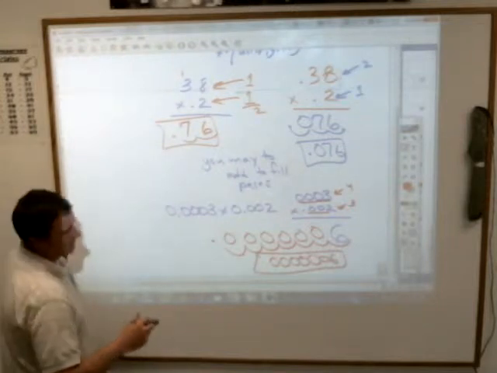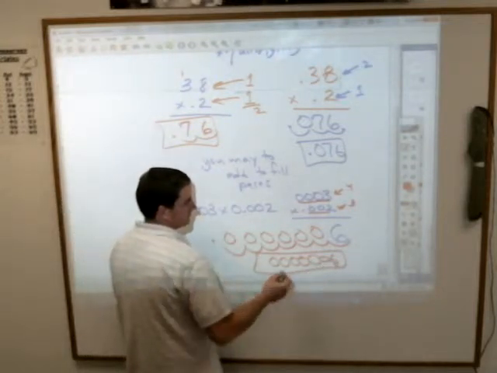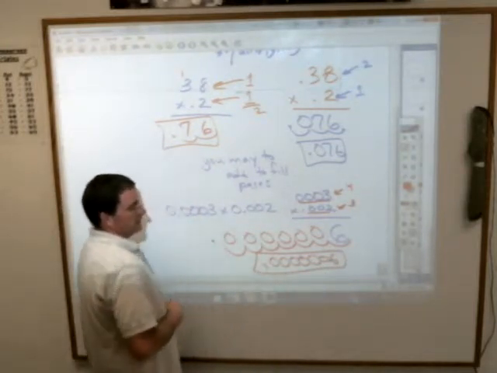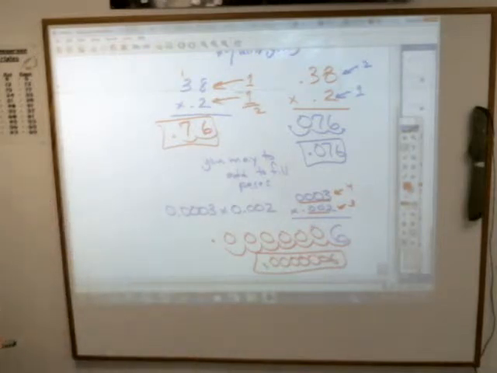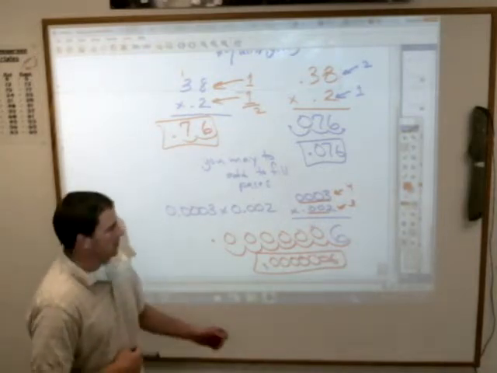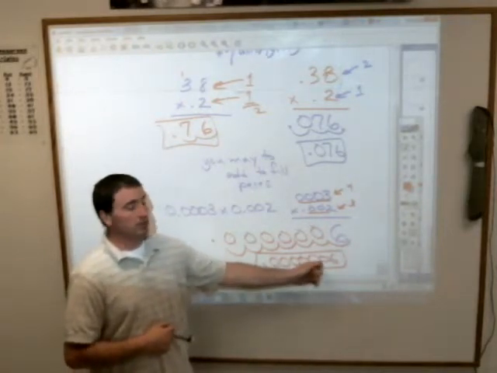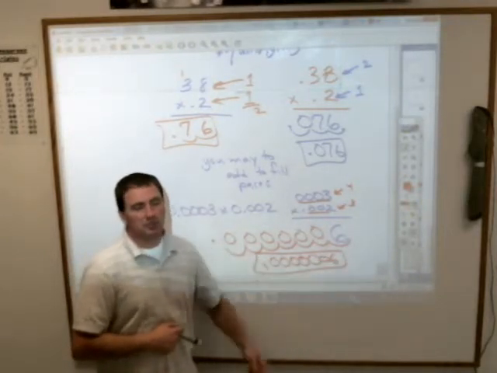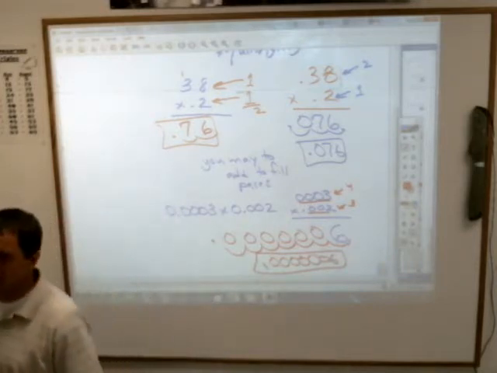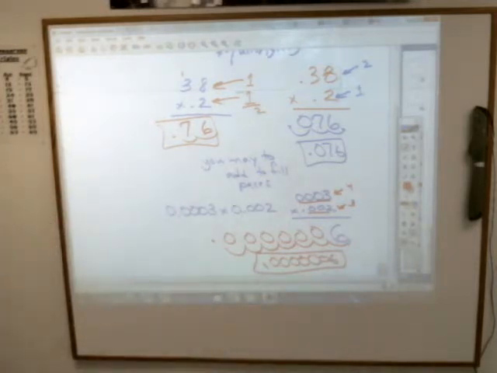By the way, do we know how to say that number? 6 what? Count out tenths place, hundredths, thousandths, ten-thousandths, hundred-thousandths, millionths, ten-millionths. 6 ten-millionths would be that thing. Let me give you a couple here.